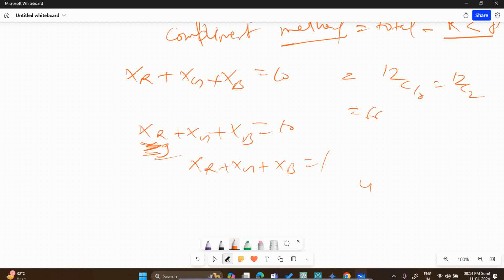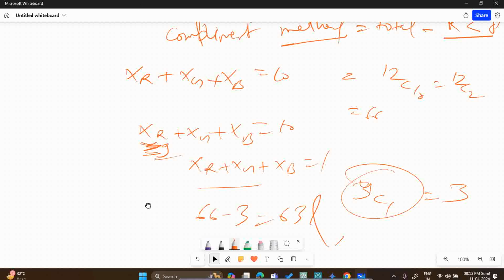This is 3C1, and the answer is 3 only. So 66 minus 3 is 63, which is the answer.